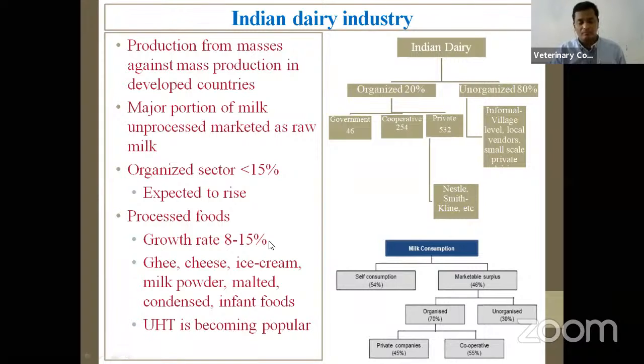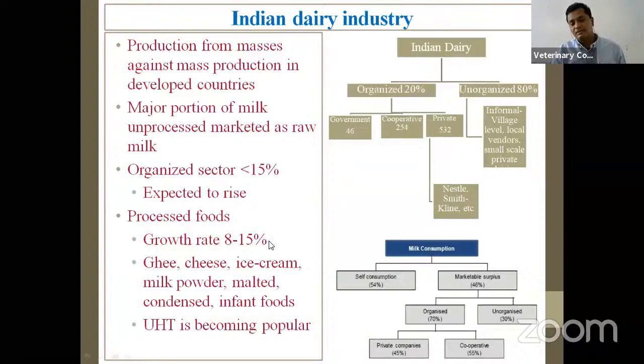Various kinds of milk products are manufactured. It's not raw milk alone. Ghee, cheese, ice cream, milk powder, malted products, condensed products, infant formulas, all of them have their own value when we talk about the marketing of milk products.